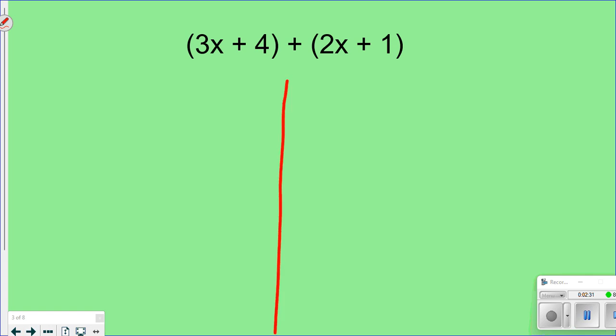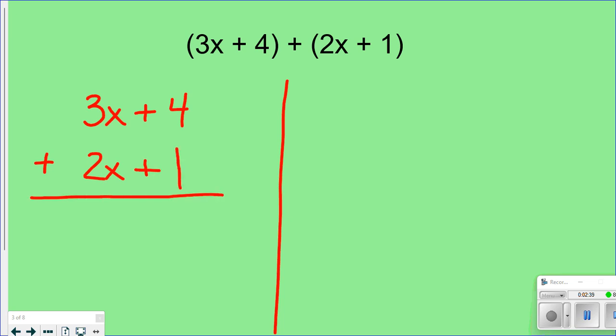One way was that we actually put them on top of each other, just like this. And then we separated parts of the problem because this is just like adding the constants. This is adding what's in the x column.